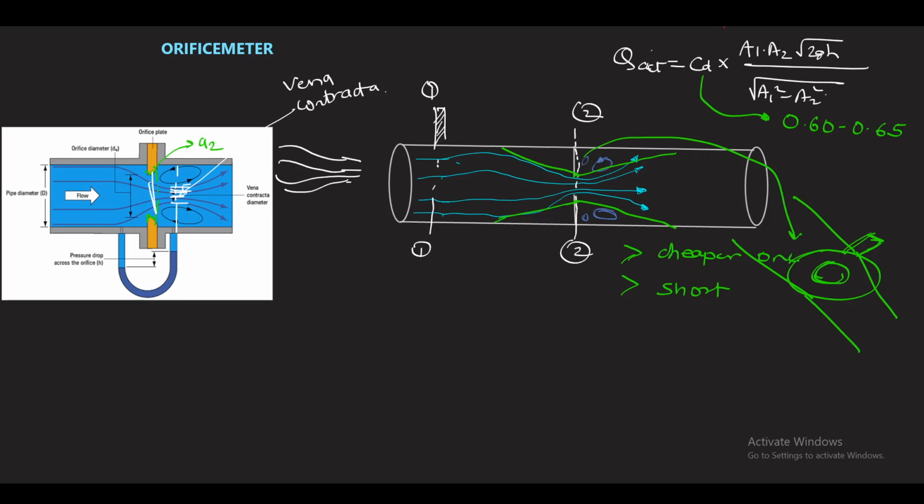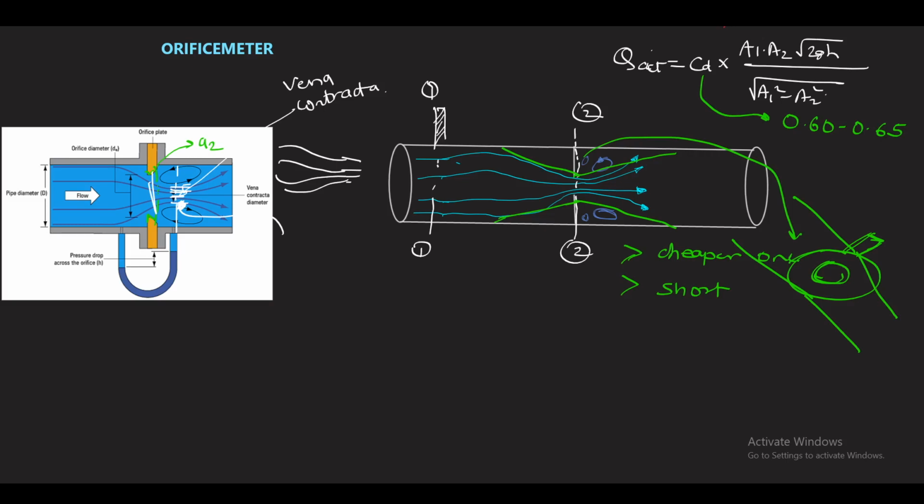So this is the area of the least cross section. But it is not possible to calculate the area at this point. So for calculation purposes, the area at the orifice is taken for calculating the discharge. So this is about the orifice meter.